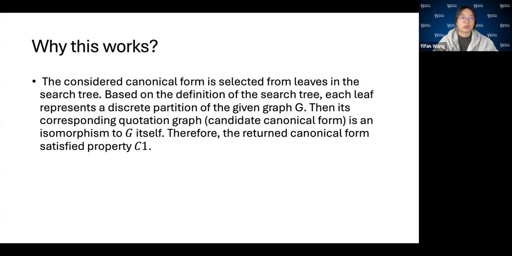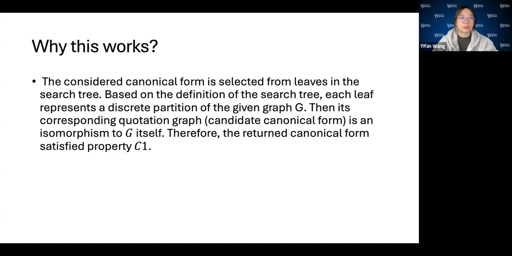We need to show that the form returned by the canonical labeling process we talked about before satisfies the properties of the canonical form. First, the considered canonical form is selected from the leaves in the search tree. Based on the definition of such a tree, each leaf represents a discrete partition of the graph.